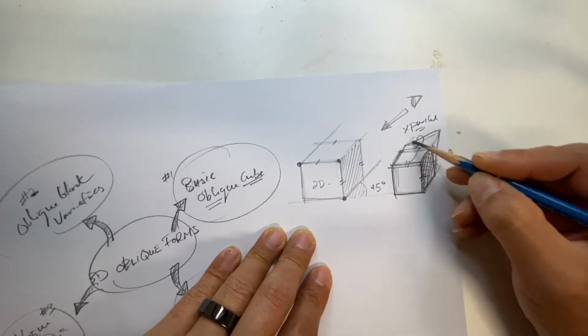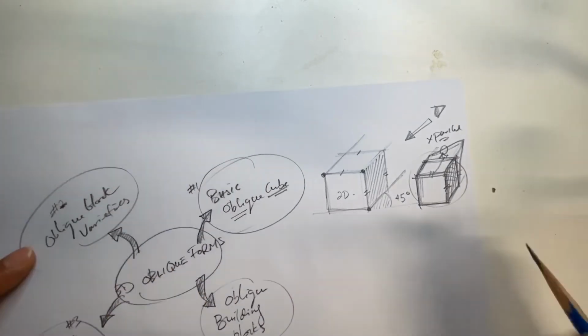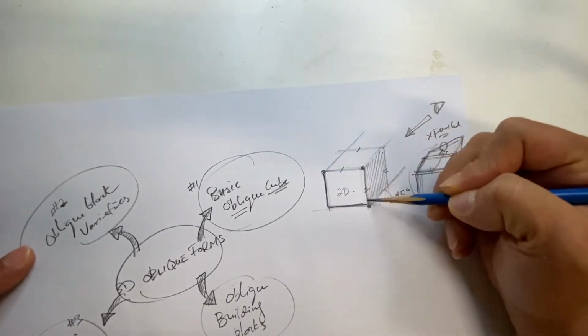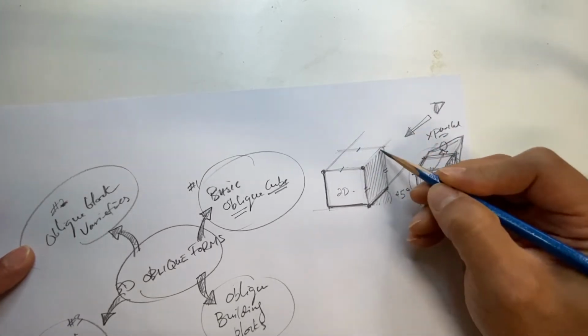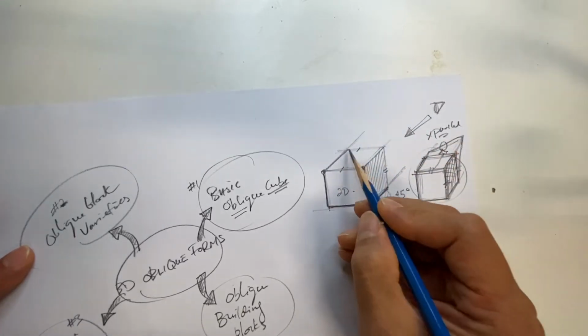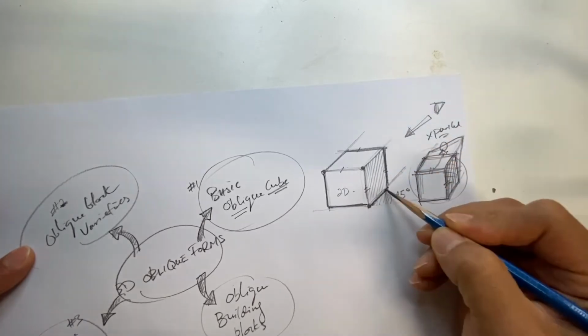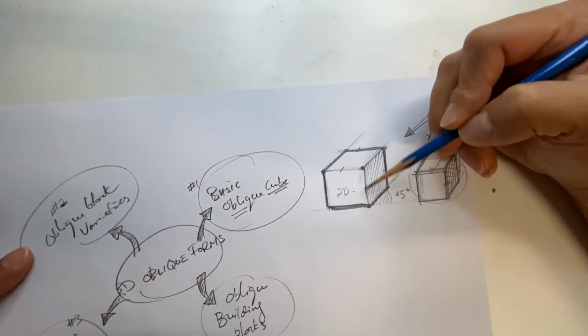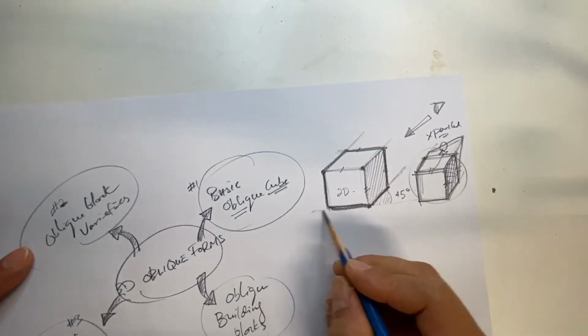Okay, so these are some of the concepts. Once you're done with the first one, draw a 2D square and then project your third dimensions at 45 degrees. Once you're done, give a nice outline on the outside and you have your first 3D oblique drawing cube.